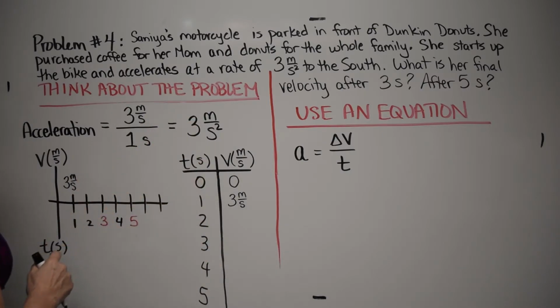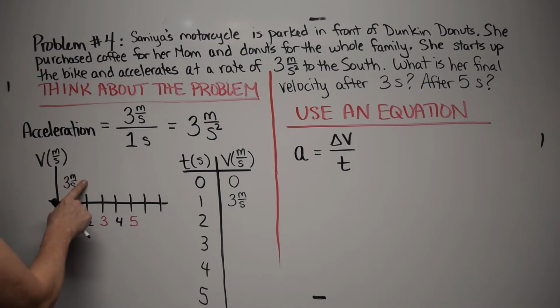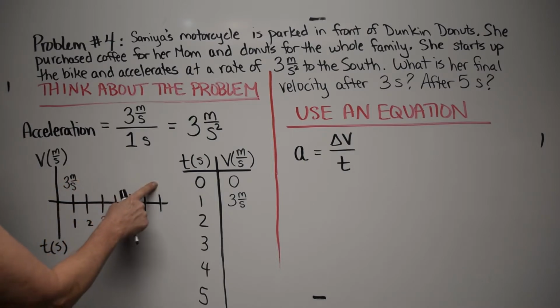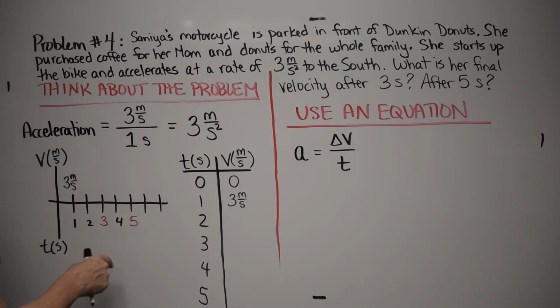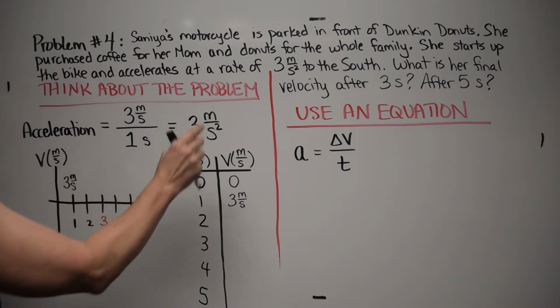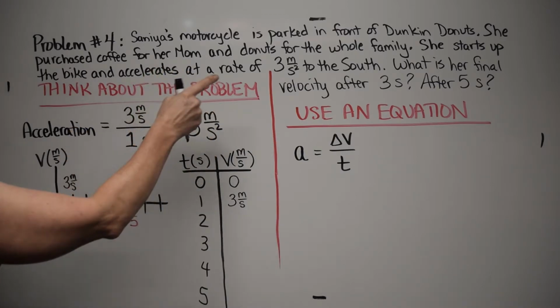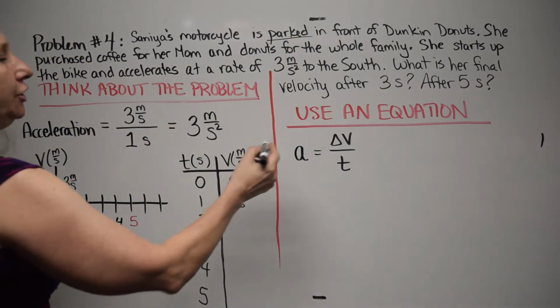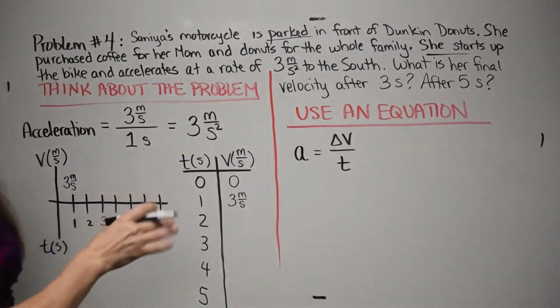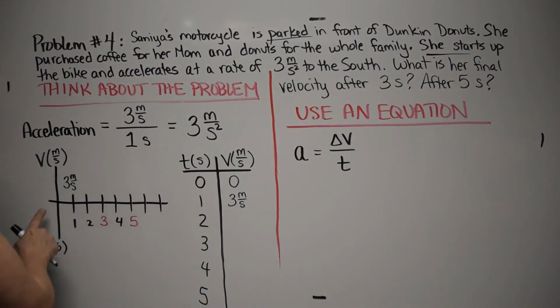All right, so her velocity is going to change by 3 every 1 second. So if her velocity starts at 0, all right, she's parked. She starts up the motorcycle. So she's starting from a velocity of 0. After 1 second, her velocity is 3 meters per second.